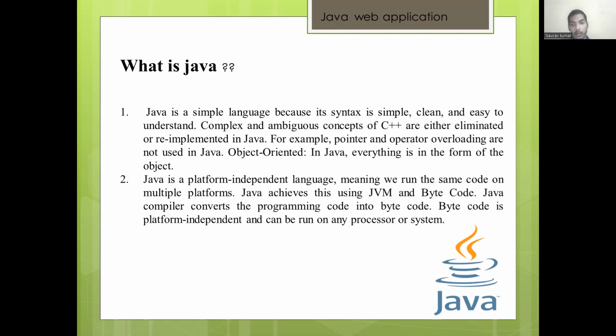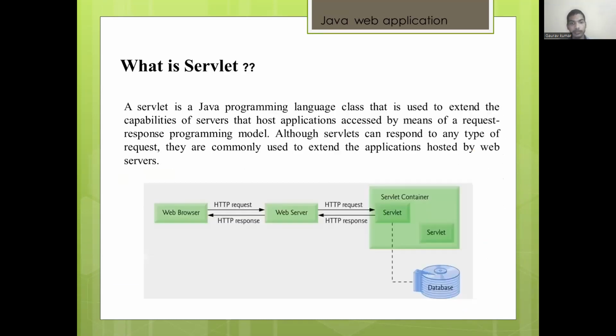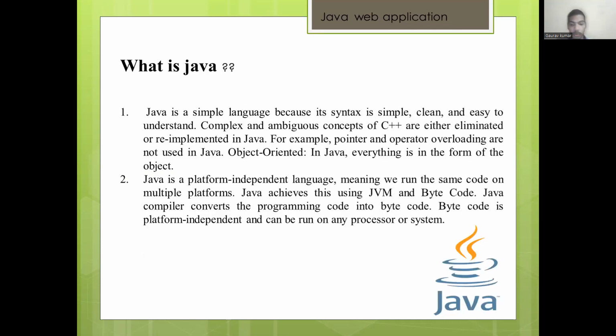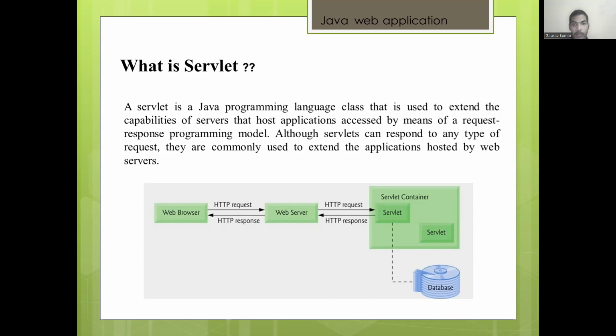The code is the same, but with the JVM available on every operating system, it runs the Java code. Then servlet: a servlet is just a server-side program, and it is used by Java very easily.